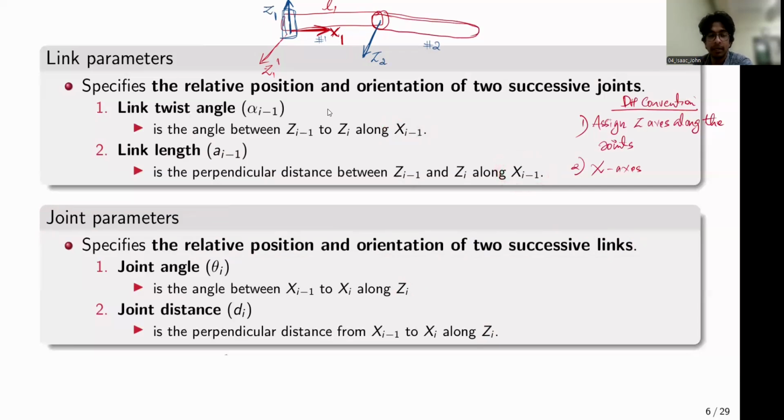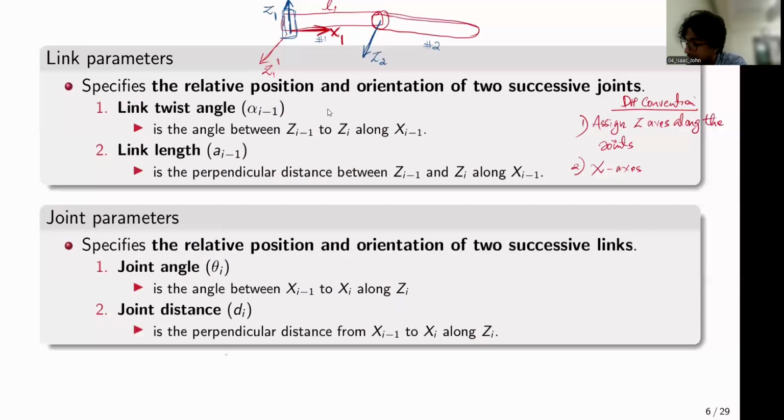And now the joint parameters correspond to the angle between xi minus 1 and xi along zi. That is the joint angle. And the joint distance is the perpendicular distance between xi minus 1 and xi along zi.